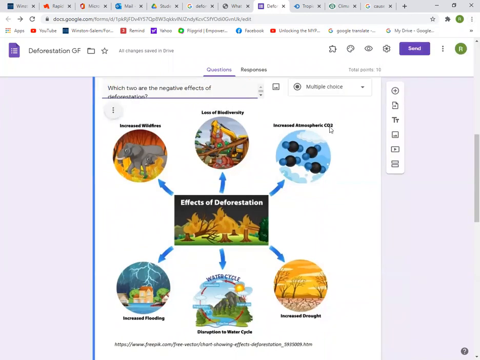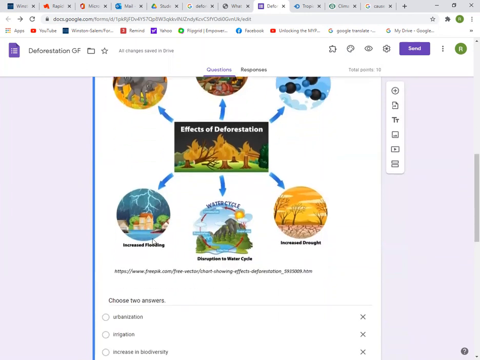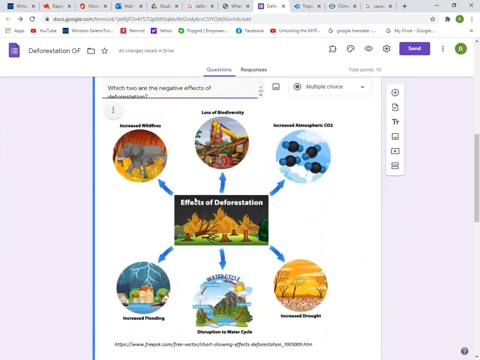So more carbon dioxide in the air, the warmer the planet becomes. Of course, you need to remember this too, the 2 in CO2 should be a subscript. Another effect of deforestation is increased flooding, disruption to the water cycle is another one, and of course, increase in drought.